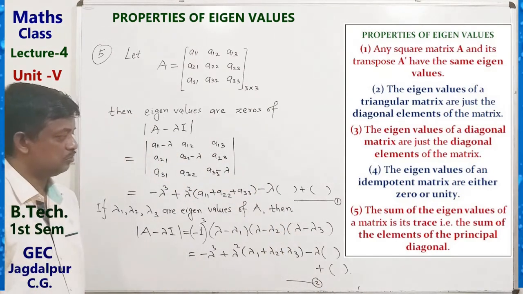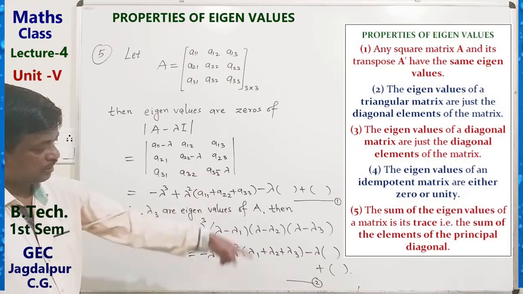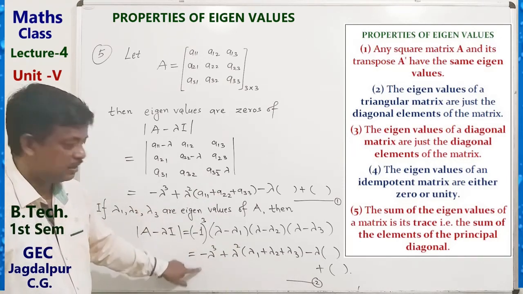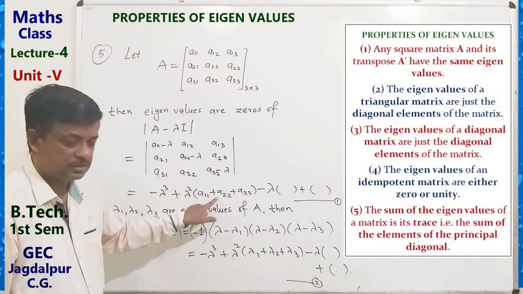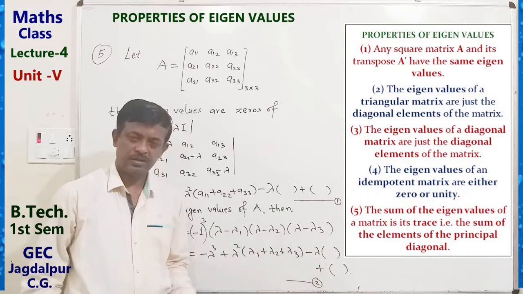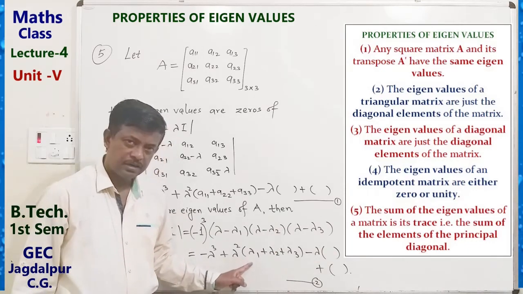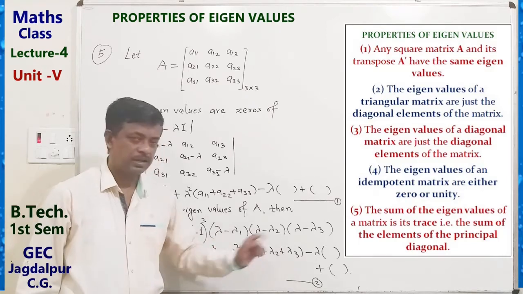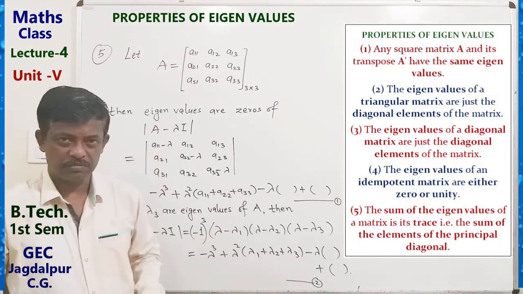The lambda square coefficient here and the lambda square coefficient here, just multiply it out.